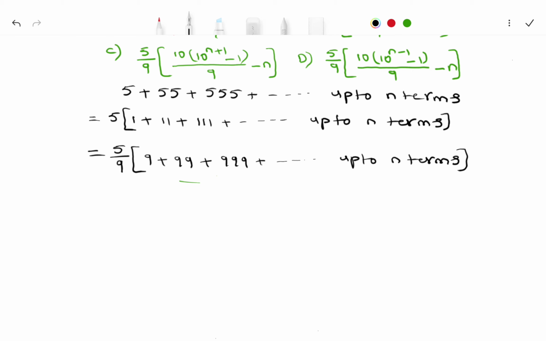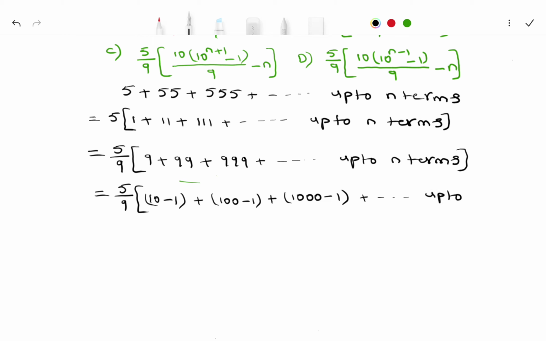So what is used to convert in terms of the digit 9? You can write 5 by 9 into, here 9 you can write as 10 minus 1. So 99 is 100 minus 1, this one you can write as 1000 minus 1, plus and so on up to n terms.